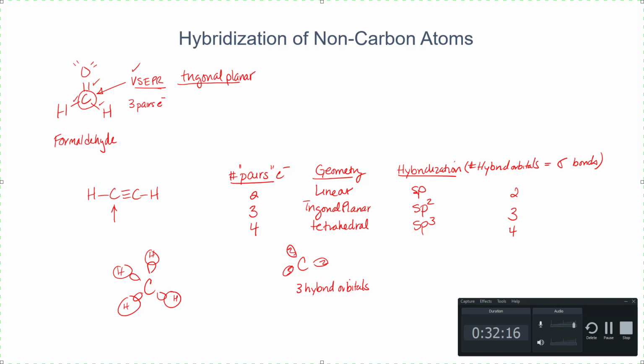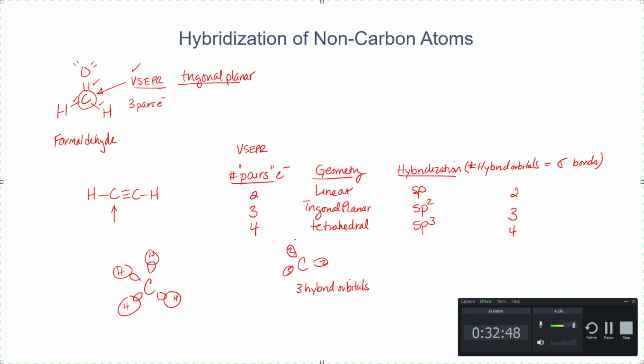So in this case, we can relate VSEPR theory to hybridization by counting up the number of hybrid orbitals or sigma bonds. And so that will give us the hybridization, which would also then give us the geometry, which we get from our VSEPR way that we determine that geometry.